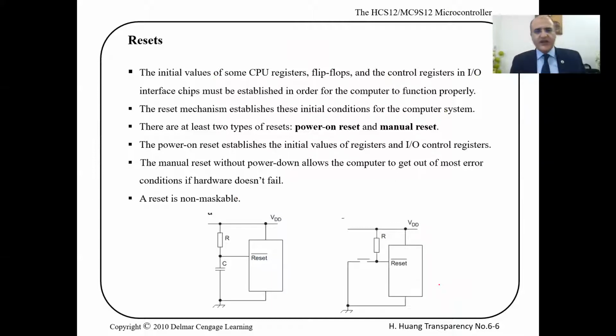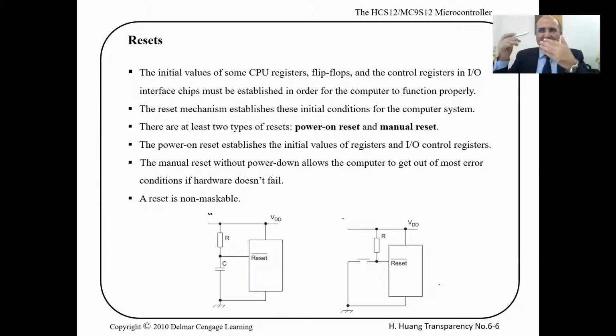Resets are a kind of interrupt, but in some literature they like to separate it and call it a reset. A reset, we know, causes the program counter to point to the first instruction in the program, not to a separate interrupt service routine.